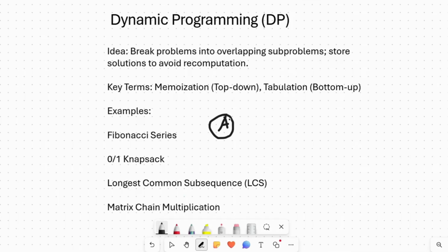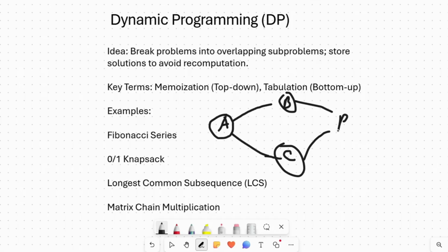Let's say here is root C and D. The problem is the same. We have to go A to D with minimum cost.